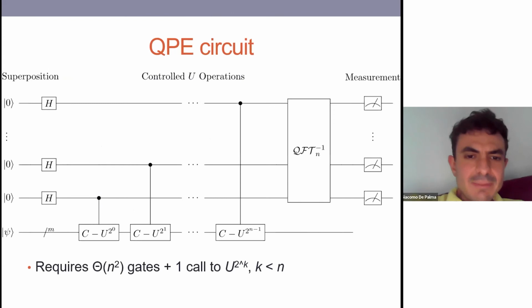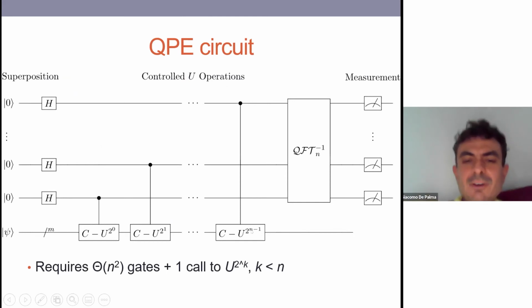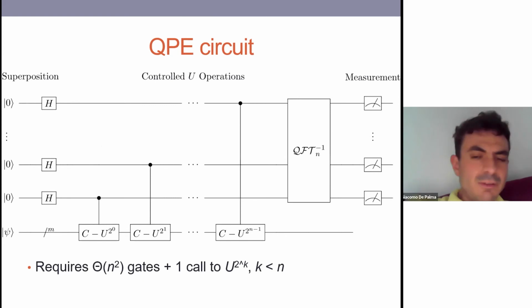And this can be traced back to quantum phase estimation. In particular, you remember that I told you before that the complexity of quantum phase estimation depends a lot on whether you have shortcuts to implement this U elevated to a high power or not.